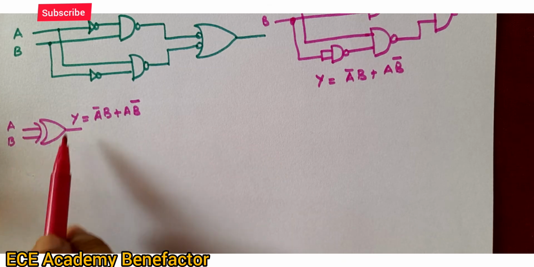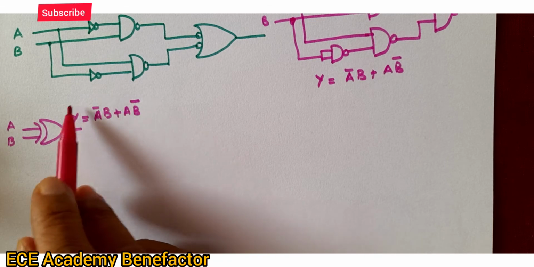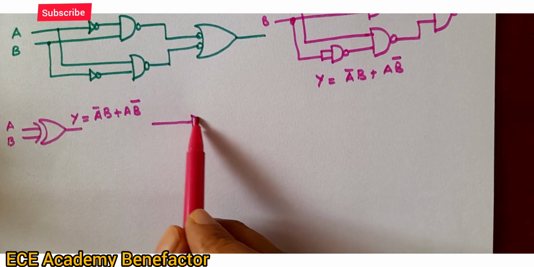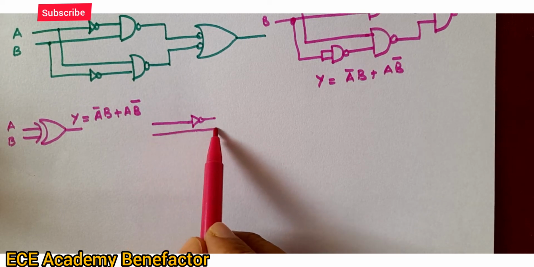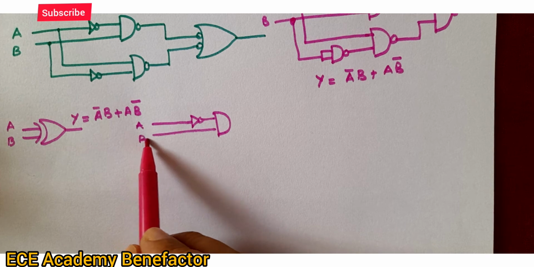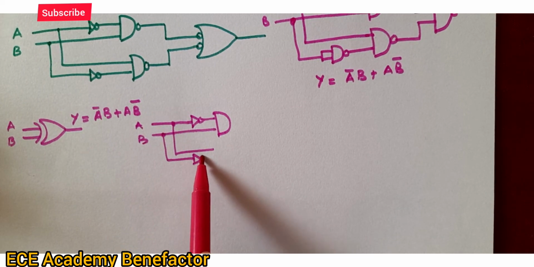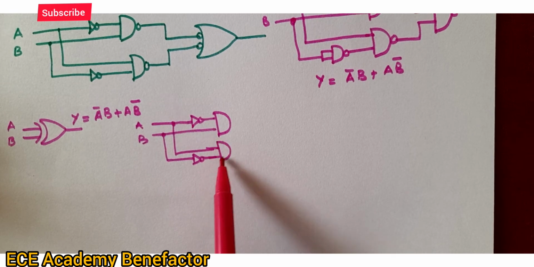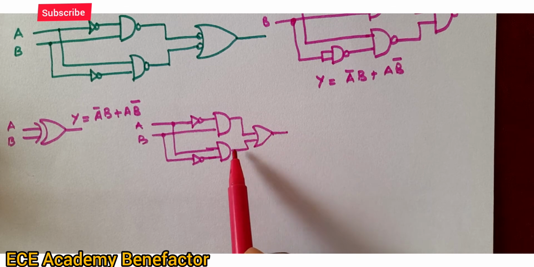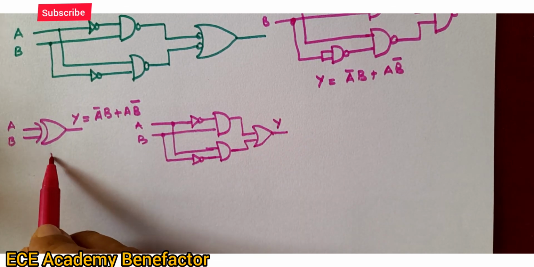You have to draw this one using NAND gates. So we have elaborated this expression and got the circuit as A bar B, this is A, this is B. From A and B you got this diagram and then gave it to an OR gate like this, and you got Y. Okay, this is the first step.